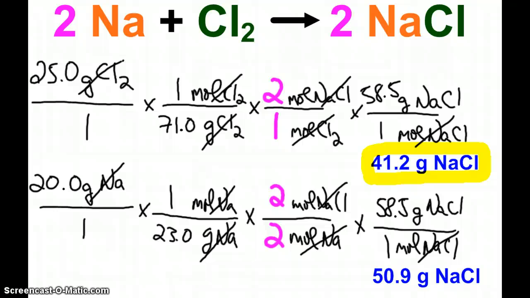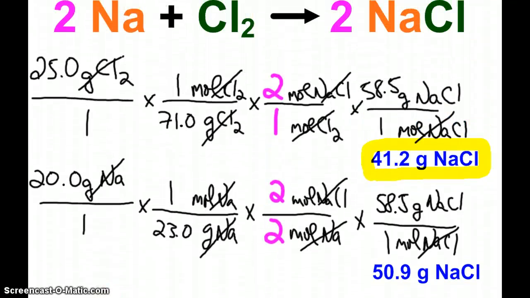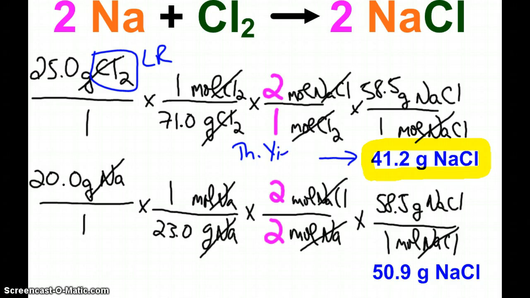So you can see I highlighted the 41.2 grams of sodium chloride. So that means that chlorine is the limiting reactant because it's the lower number. 41.2, that's my theoretical yield. That's how much I should get.